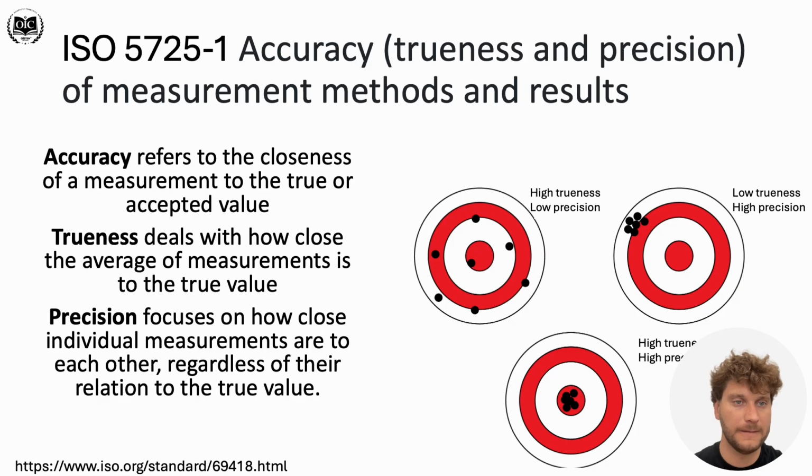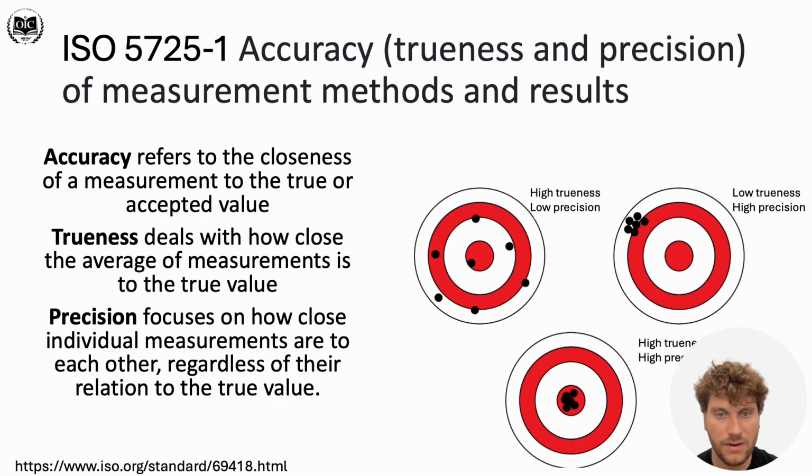There's an ISO standard that talks about accuracy, and accuracy is often not understood well, so I would like to clarify this concept of accuracy according to the ISO. We have two parts that combine into the term accuracy: trueness and precision.